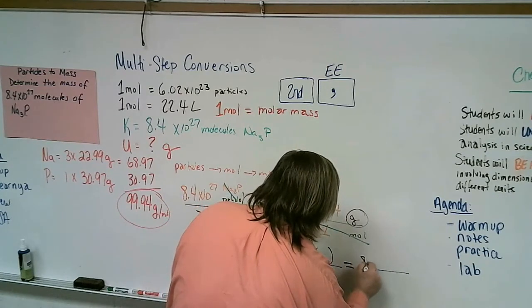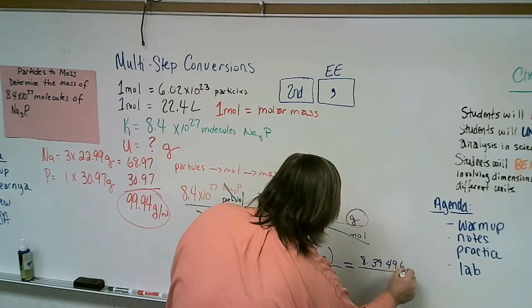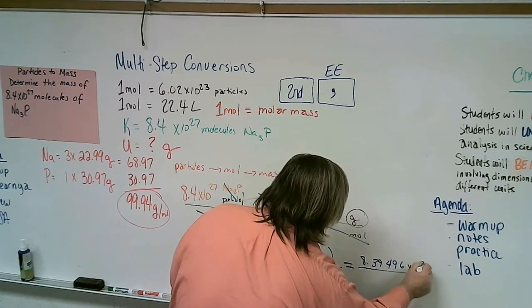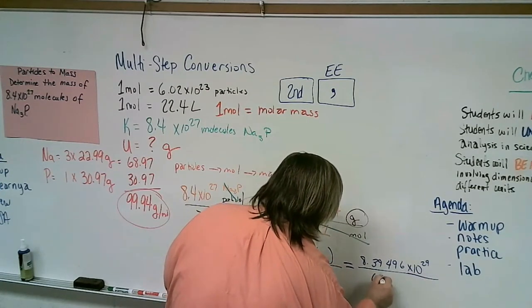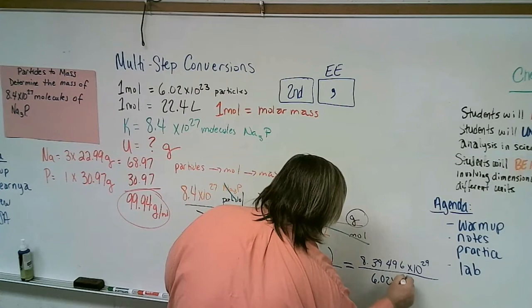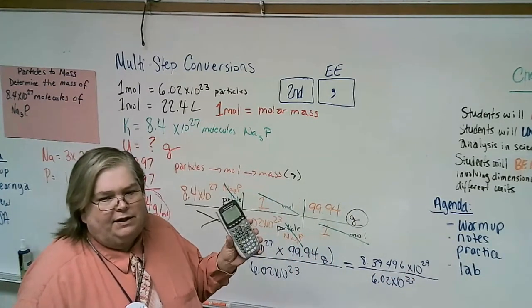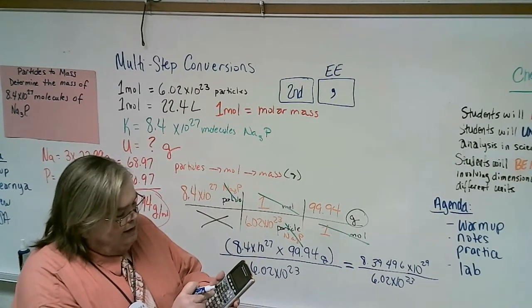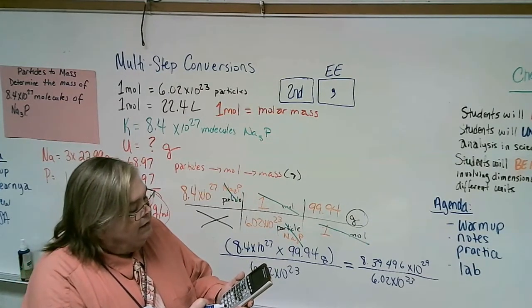And we're going to get 8.39496 E29, which is 10 to the 29th power, over 6.02 times 10 to the 23rd. So now that you have that answer, hit divide, 6.02, second function, comma, 23, enter.